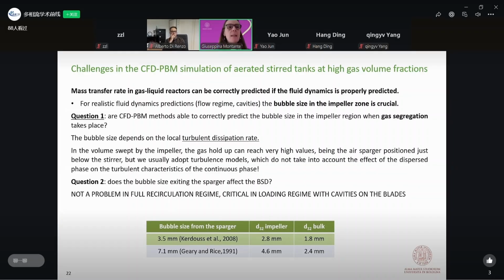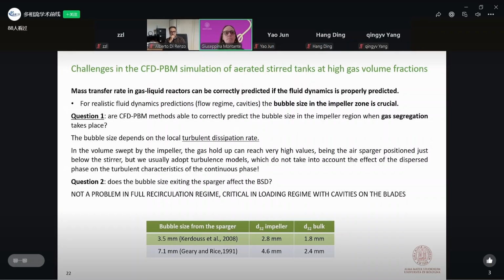I must say that before going to predict mass transfer, we need to consider that it's better, in my experience, to get a good prediction of the two-phase flow dynamics and then move to the population balance, as already mentioned before.